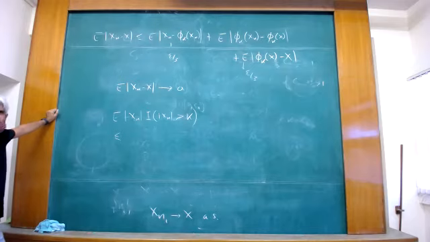Suppose I don't have uniform integrability. What does that give me? There will be a sequence xn_i for which this is greater than some epsilon. Yeah, I agree with you that you get a subsequence like that, but you get it for any K that you will exploit.